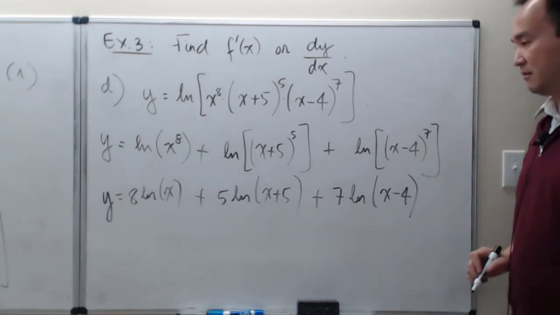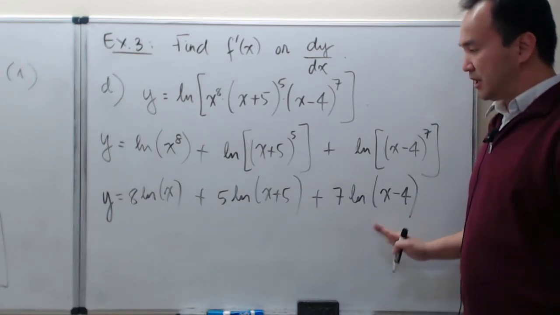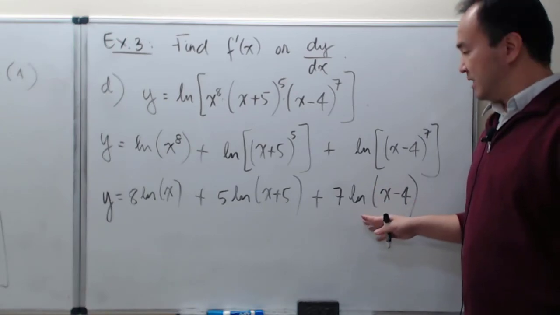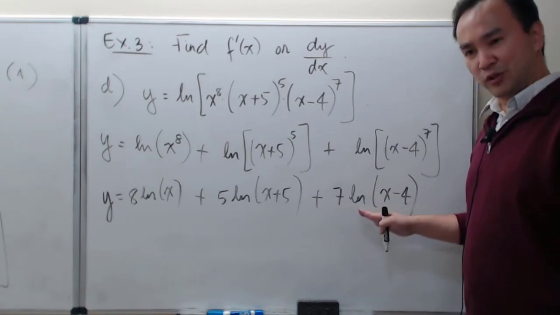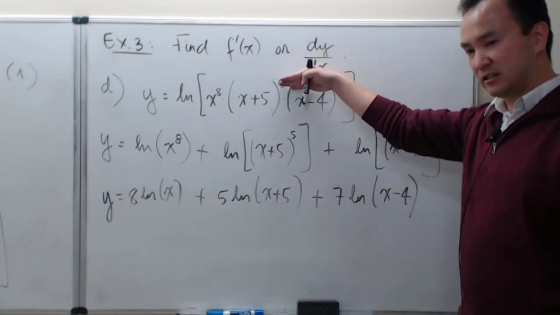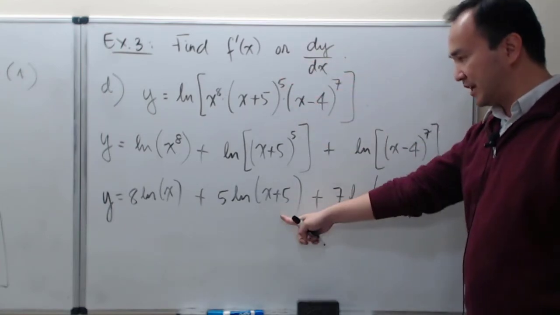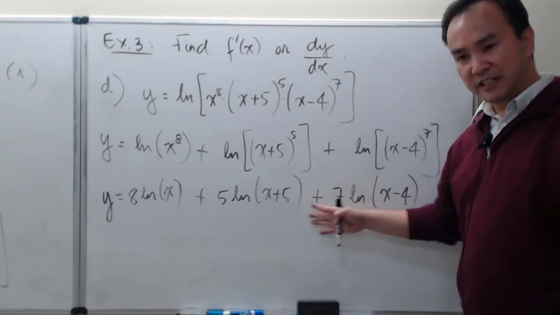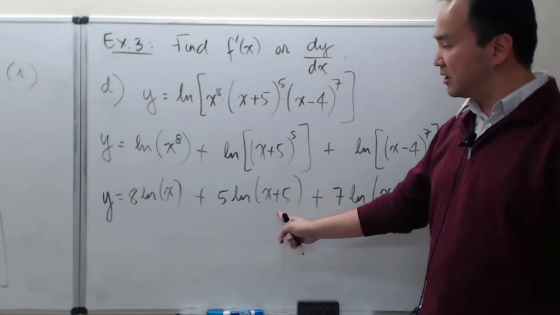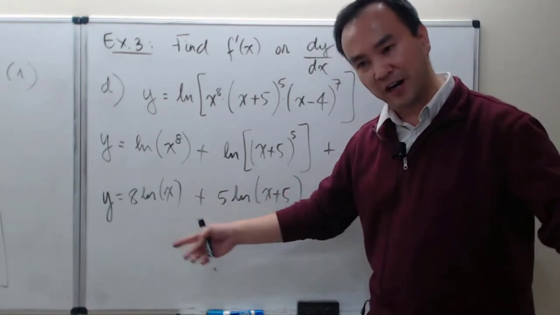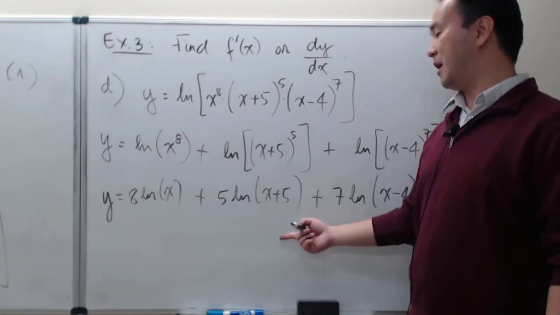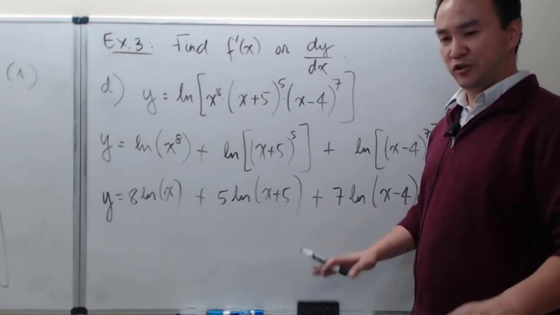Okay, so now I have to make clear again, this is not the derivative, this is only the so-called final expression of our current function. But the good thing now, even though we got 3 different terms, is that each little term is a lot simpler to differentiate, okay? And if you want to apply the chain rule for each one of these terms, do it.